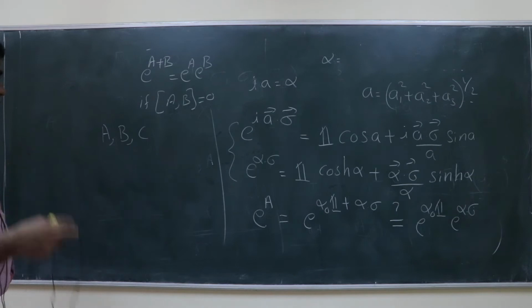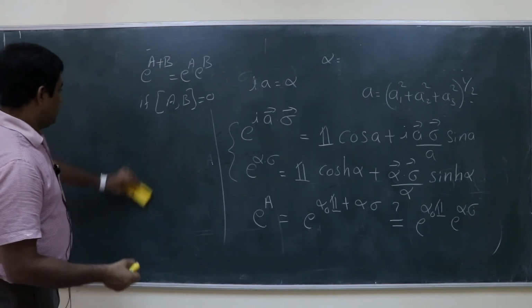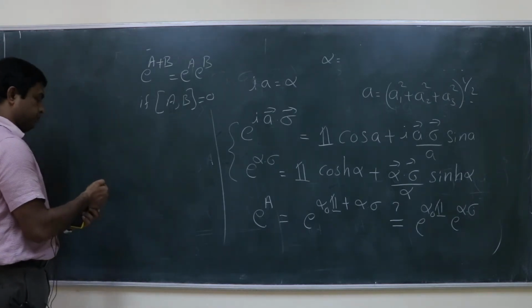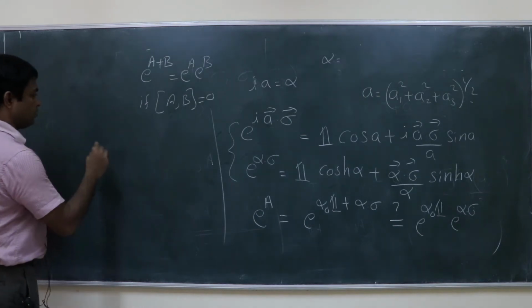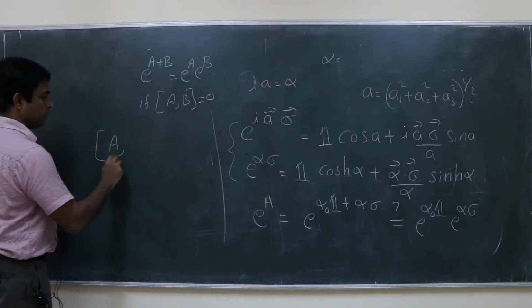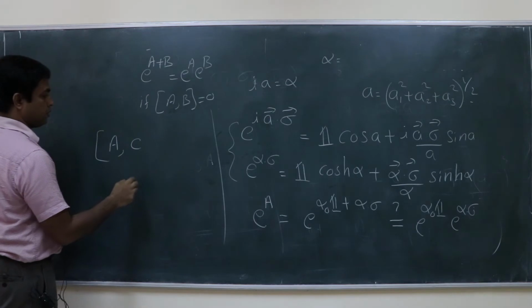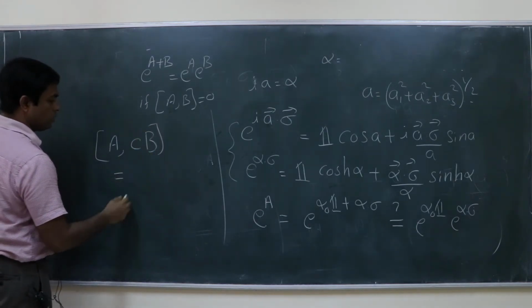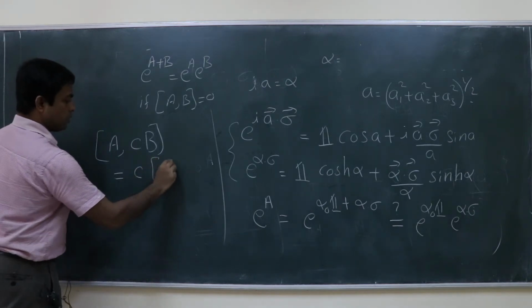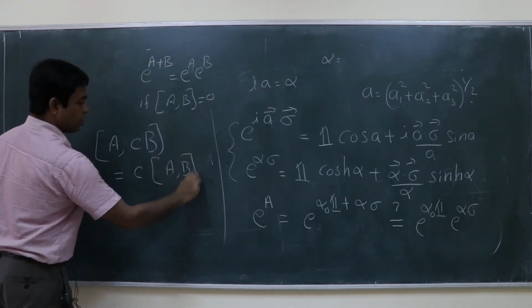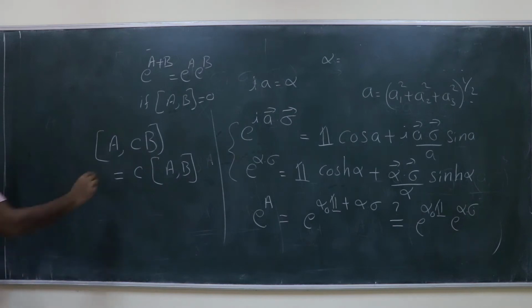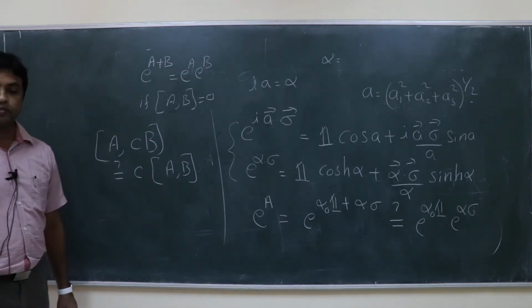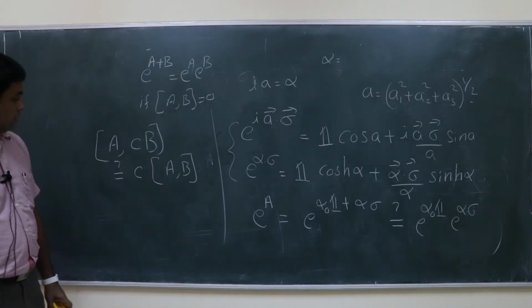Okay, the previous question was: a complex number times another matrix B, whether the commutator with A is equal to that complex number times the commutator of A and B. This is your question, right? Yes, sir. Yes or no? Others? Yes, sir.